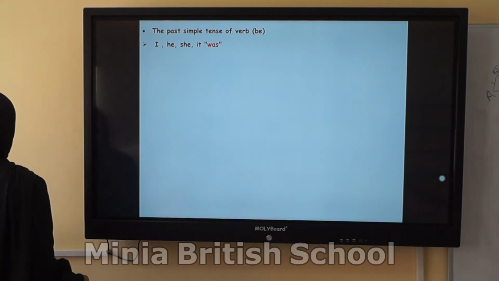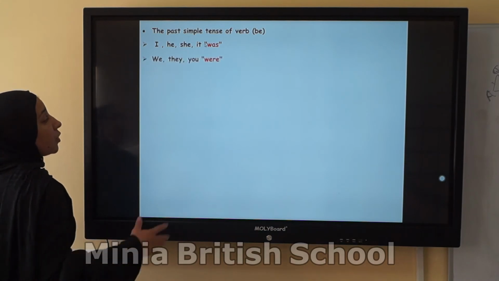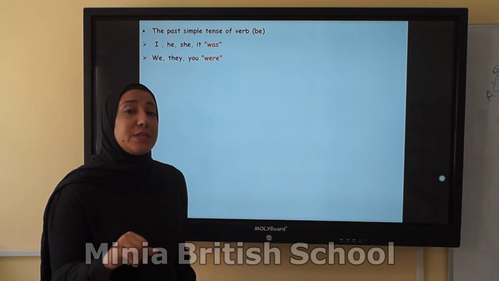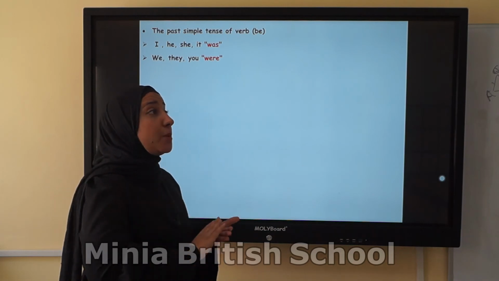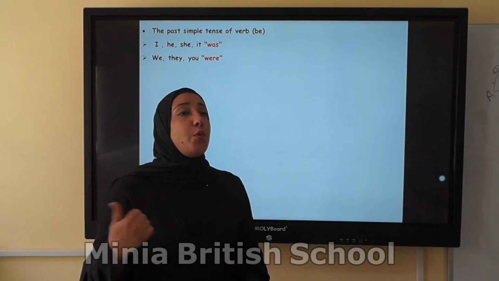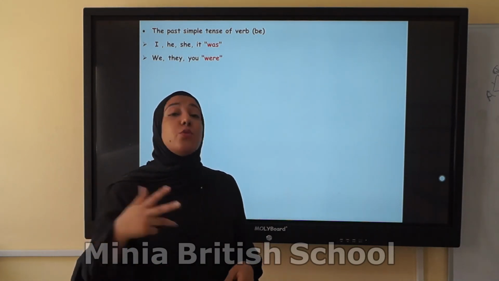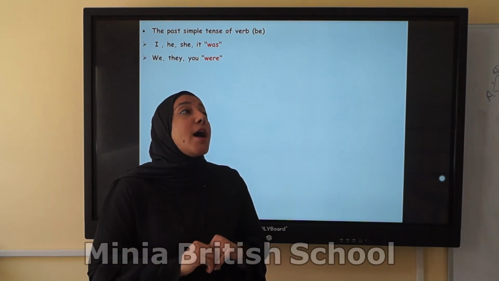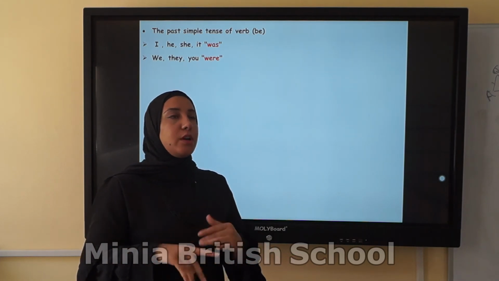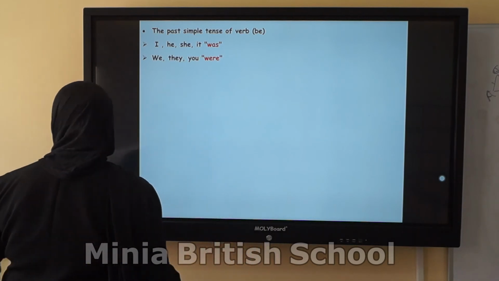Okay, what about they, we, you? We use were. So verb be in the past is was and were. Was for singular: I, he, she, it. And were for plural: we, they, you. Okay?